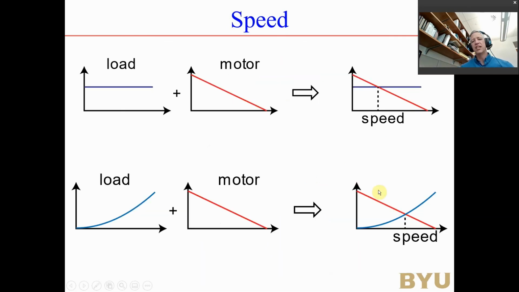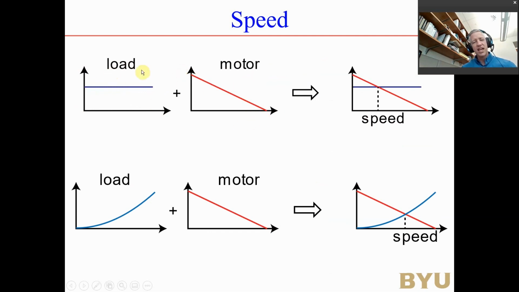So let's look at these relationships with respect to a DC motor. Here is the speed along the bottom and then the torque going up. If my load is a constant torque, you see my torque stays the same as I go along. Now my motor, if I have a DC motor at a fixed voltage, you see its torque speed relationship is like this. It has high torque here and high speed here.